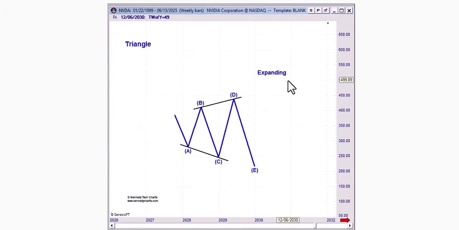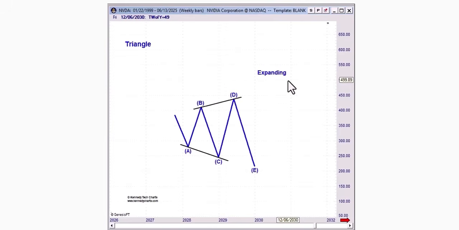Do they occur? Yes, they occur. But over the last 5 years, maybe longer, I've probably observed 3 legitimate expanding triangles. Again, it is a real pattern. They do indeed occur. I can't recall the last time I actually encountered one, but it does exist.